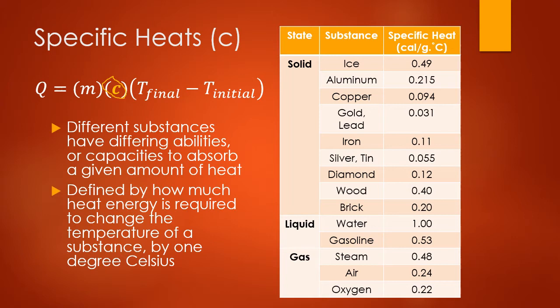The higher the specific heat of a substance, the more heat energy it takes to raise that substance 1 degree. Looking at this table, you'll notice that water has the highest specific heat. What that means is water's ability to absorb heat is much greater than the other substances before it would raise a degree in Celsius. Water is what we're going to be looking at in this lab, so the specific heat we'll be using in this equation will be that value of 1.